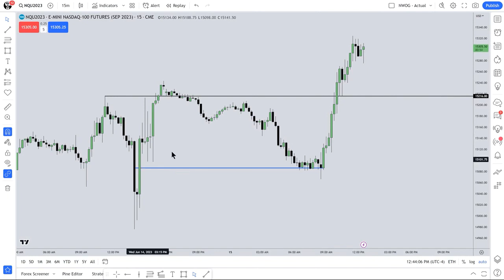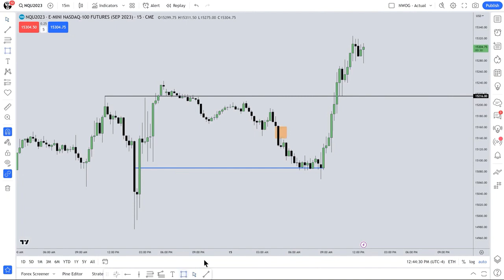So this is a lower fair value gap than this one. To what degree? What measures the distinction between this being lower than that one? It's this candle here. In other words, think of it like this. I know what I want to say, I just can't find the words.